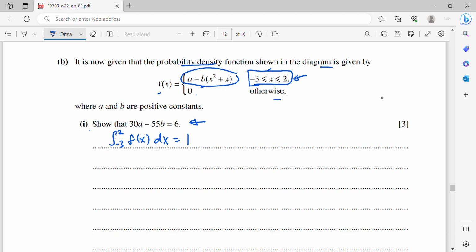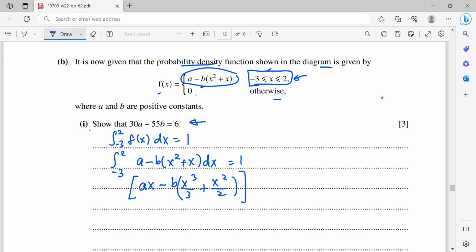So now I will write the integral from minus 3 to 2 of (a minus b(x squared plus x)) dx equals 1. When we integrate, the first term becomes ax. Now the b multiplied by x squared, I will write minus bx cubed over 3. I put the b outside. Then the plus x becomes plus x squared over 2.